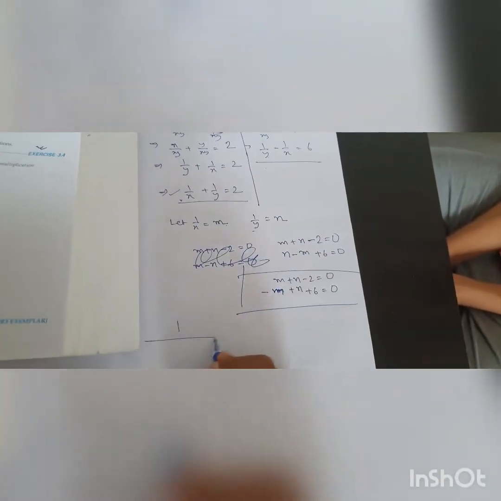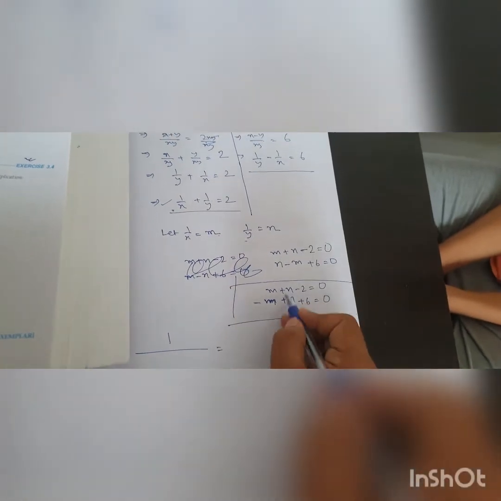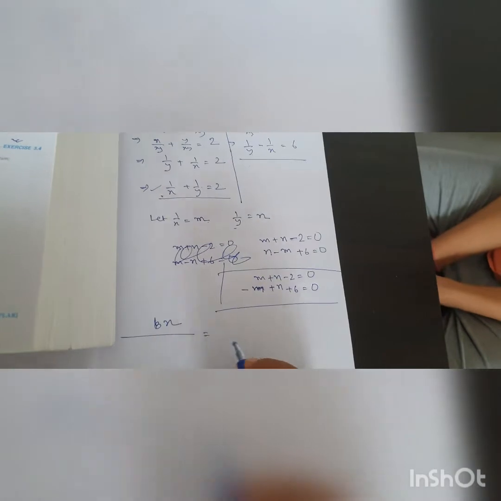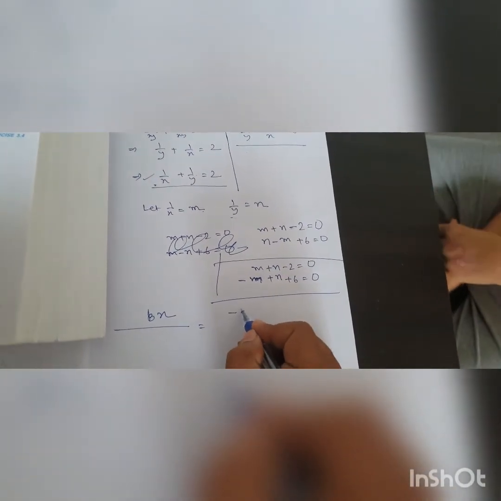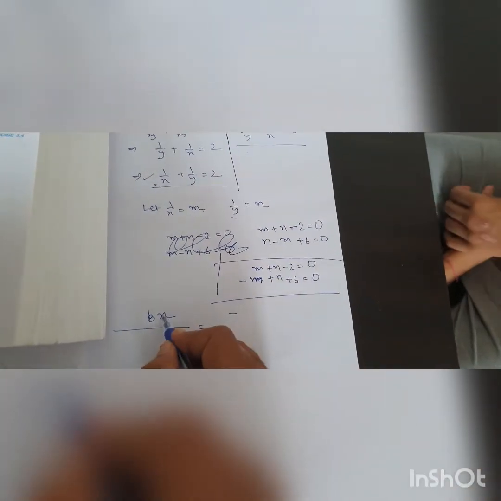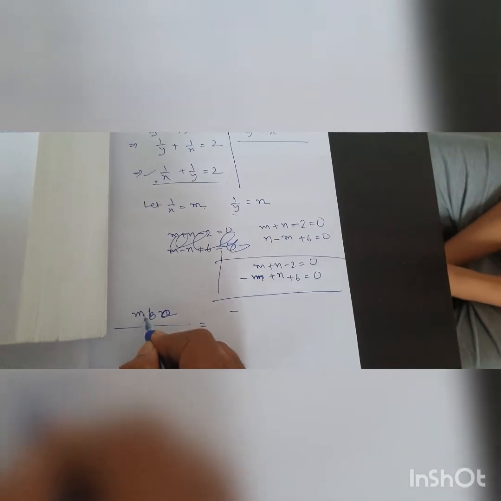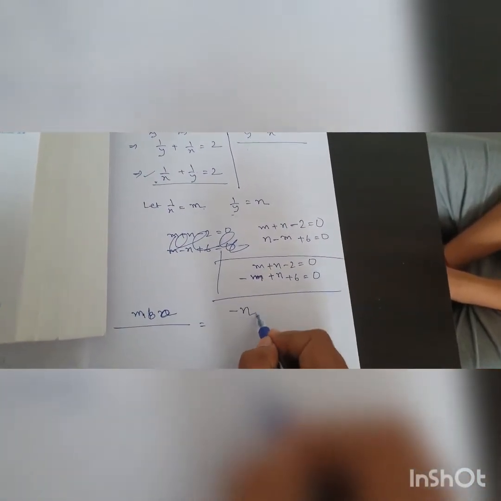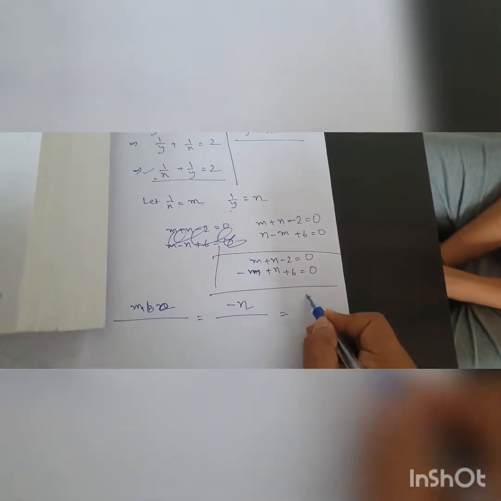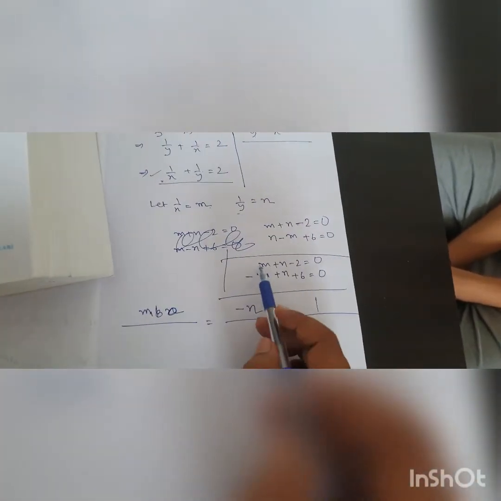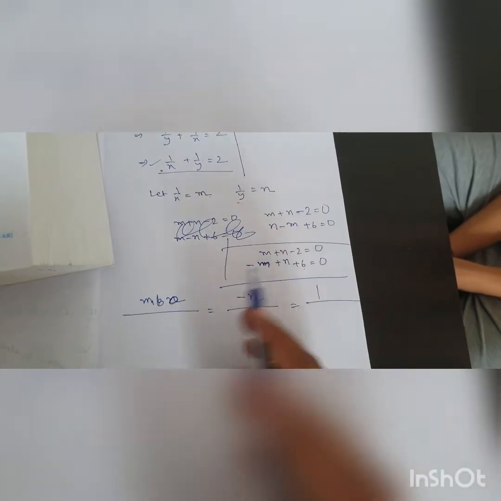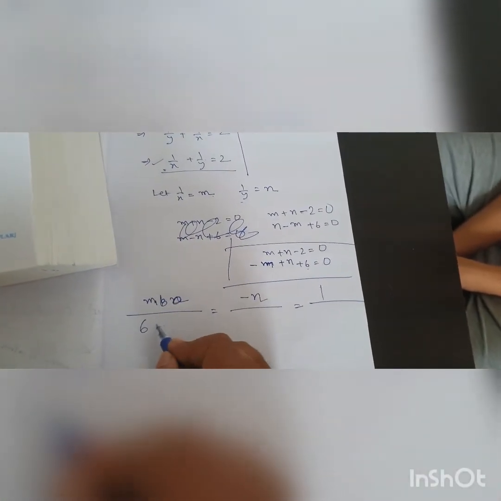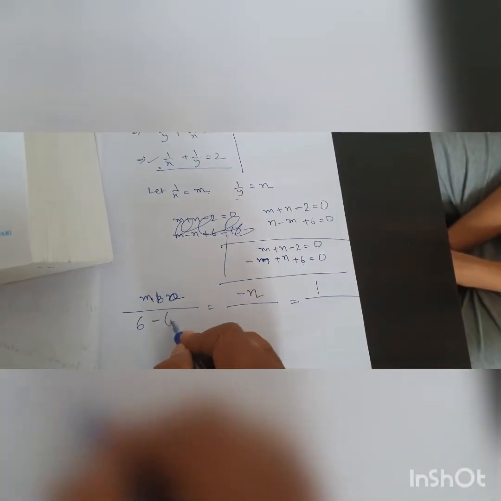Then what you have to do: 1 by, minus, x by, where m is there, sorry, so you do x by first, then minus x by means here it will be m by, right, and in place of n, y by means it will be minus n by, and this will be 1 by. So you can simply do, you cover m, so 1 into 6, 6 minus 1 into minus 2, so minus 2.